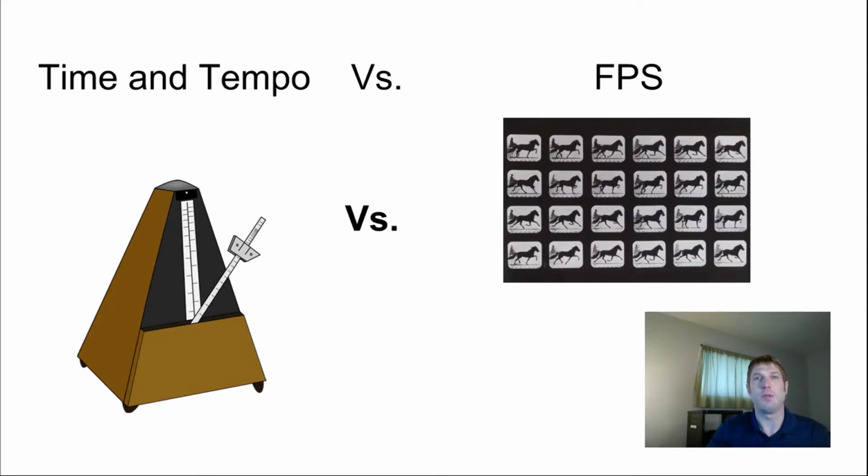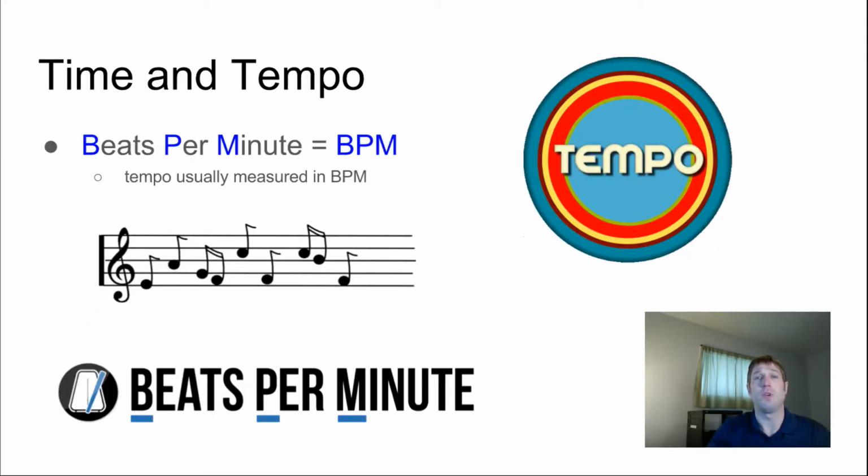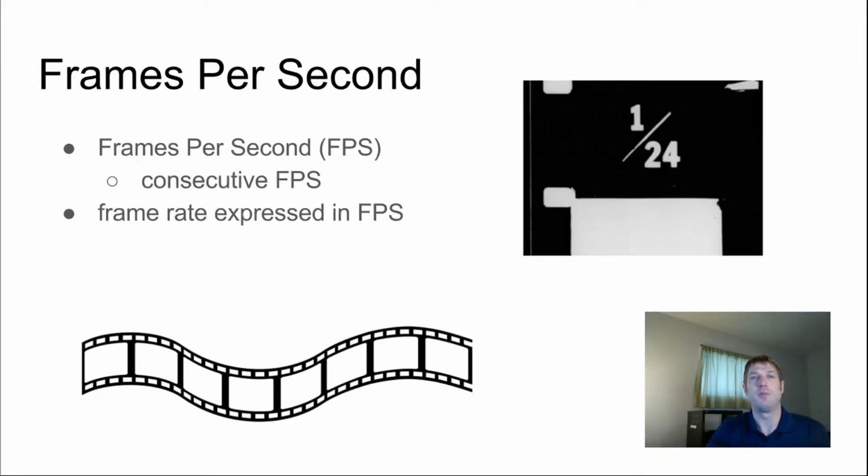Let's discuss time and tempo versus frames per second. Later on in this video, I'll show you how to adjust the scales for time and tempo or frames per second. Modern music here in the West is generally measured by beats per minute or BPMs. Film and video is measured by frame rate or FPS, frames per second.